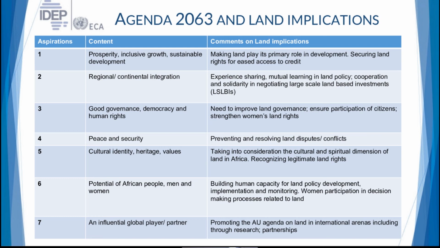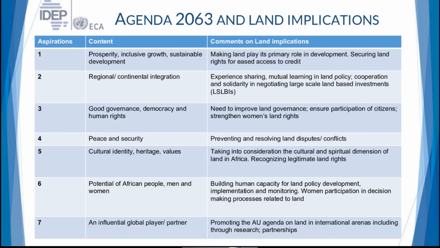Aspiration 2 is about regional integration. The land dimension is about the need for experience sharing, mutual learning in land policy development, implementation, and monitoring. Cooperation and solidarity in negotiating fairer land deals is also a dimension of this aspiration 2.